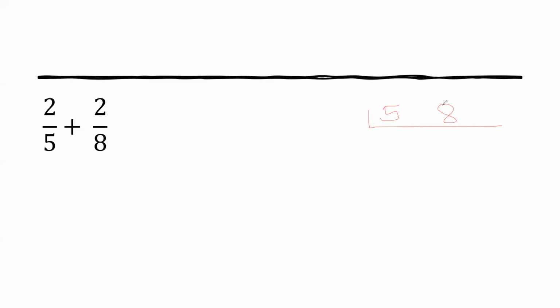Kapag wala, ibig sabihin, madali yon. I-multiply mo lang yung dalawang number na yon. 5 times 8, that will be 40. So, yan ang ating LCD na agad. I-multiply lang natin yung number kung walang pwedeng mag-divide. That is our least common denominator na agad.